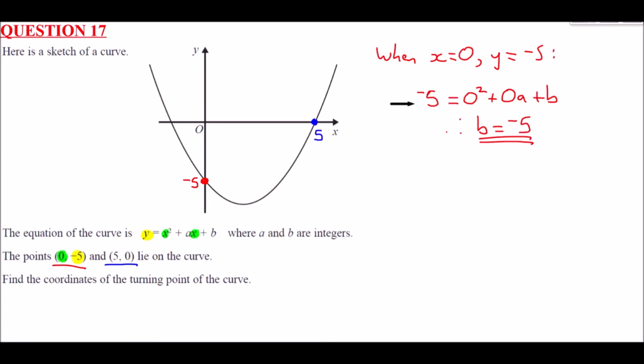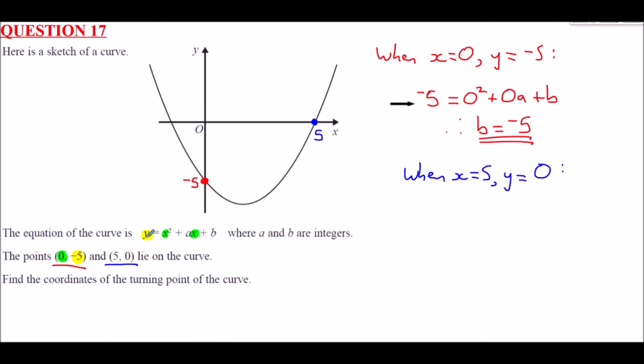So we can now use this in the next step. So when x is 5, we're told that y is 0 from this point here. So we just sub these values into this equation.